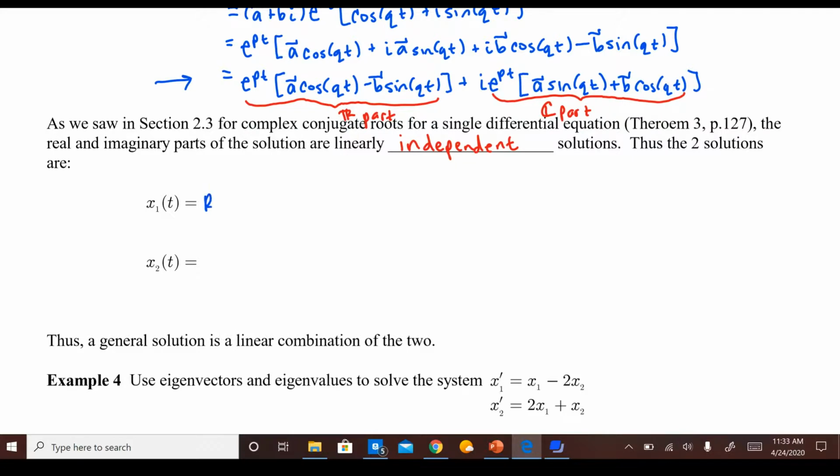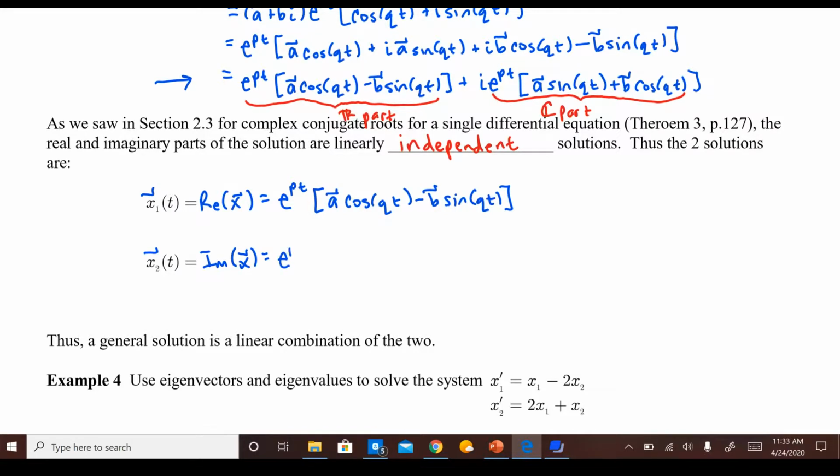Let's call x sub 1 of t the real part of x, which would be e to the pt times a cosine qt minus b sine qt. And x sub 2 of t will be the imaginary part of our general solution without the i. That's e to the pt times a sine qt plus b cosine qt.